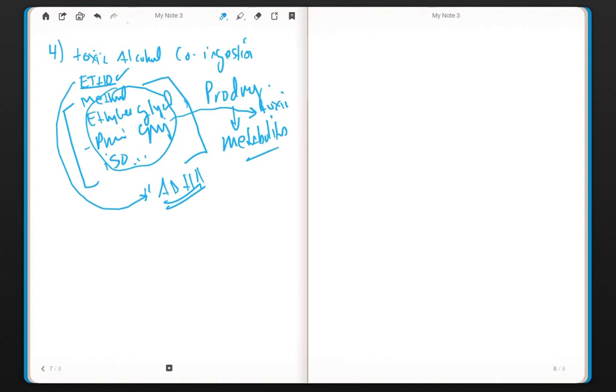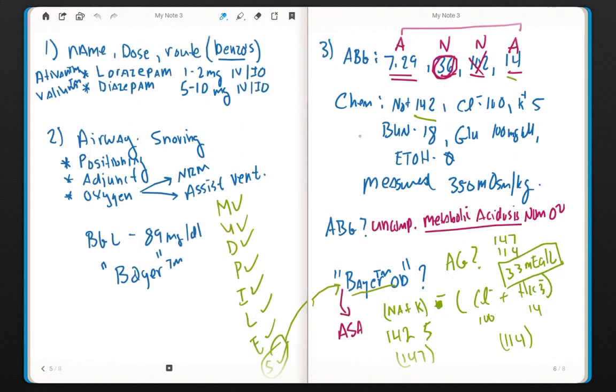What I was looking at is whether there is something else we can do with the labs to give us a better case for looking at a toxic alcohol, and of course that's going to be the osmolal gap.